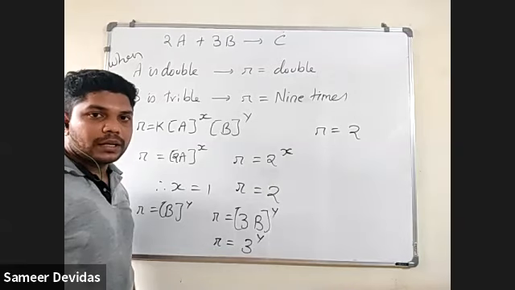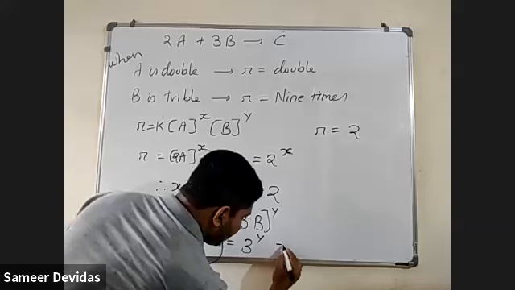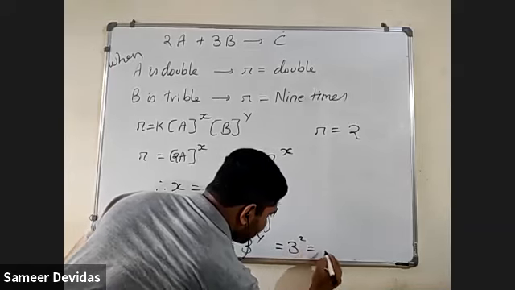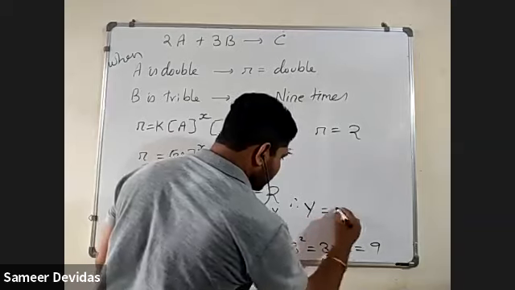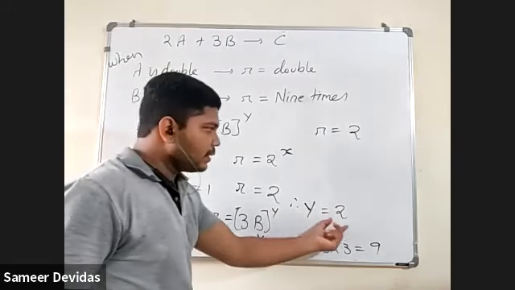If Y is 2, then 3 into 3 is equal to 9. You understood this, students? Yes, sir. So in this case, Y should be 2. So you have found out that X is 1 and Y is 2.